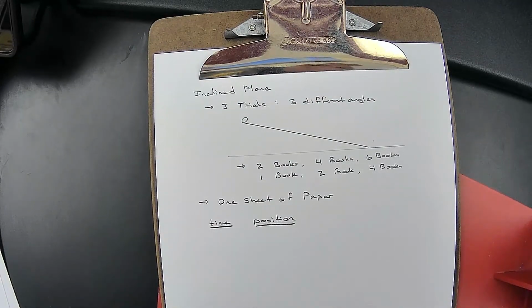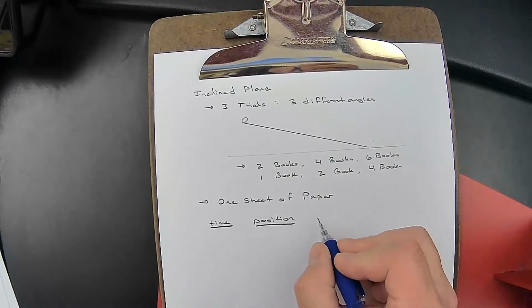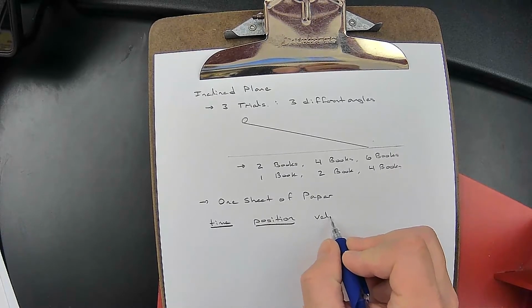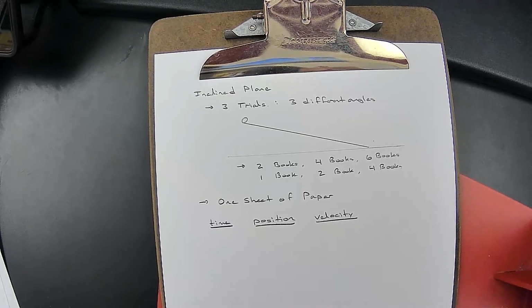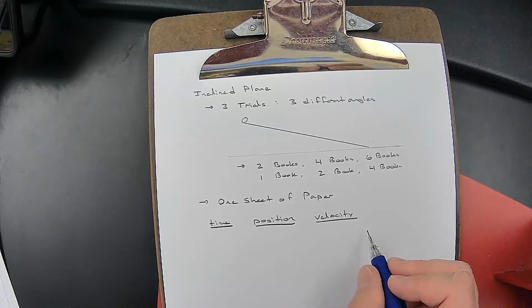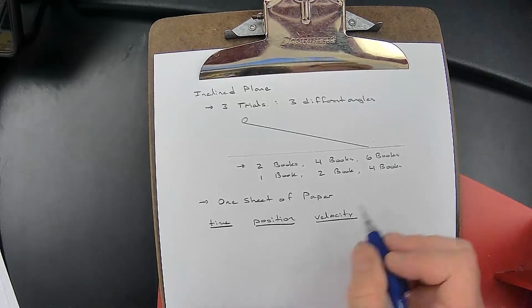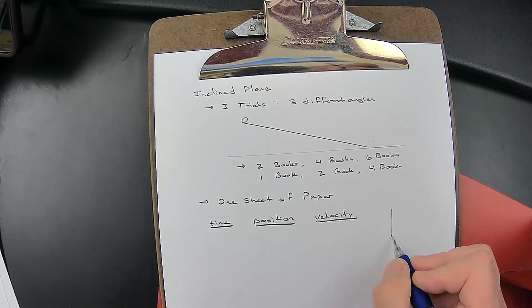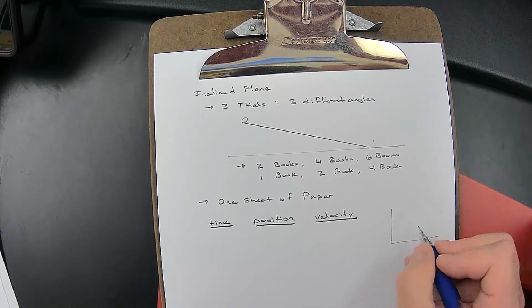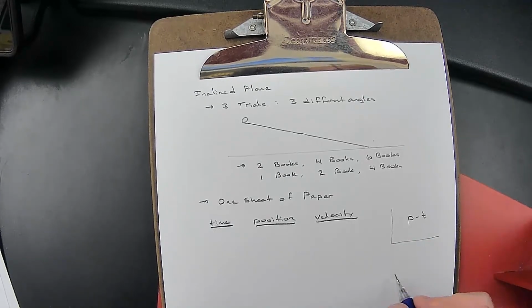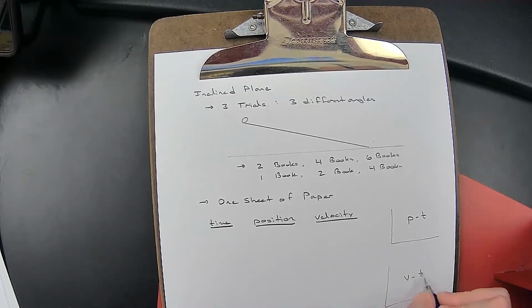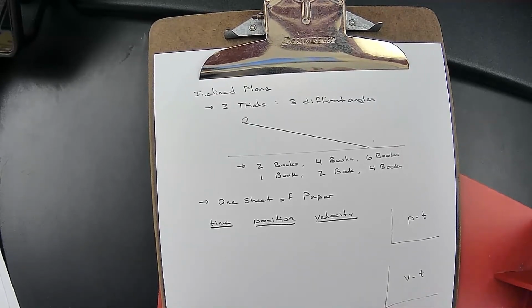And then we are also going to get what is called the velocity. For these 3 sets of data, we're going to plot a position time graph, and we're also going to plot a velocity time graph.